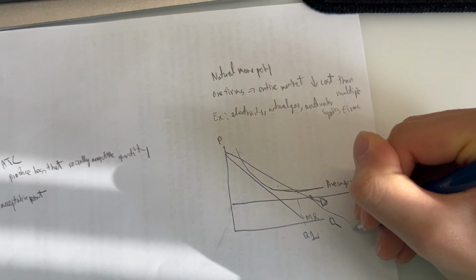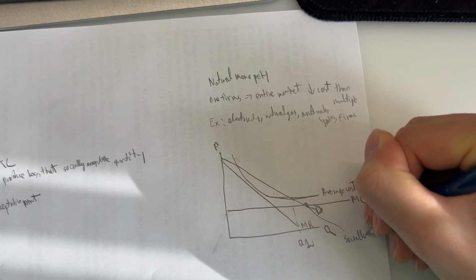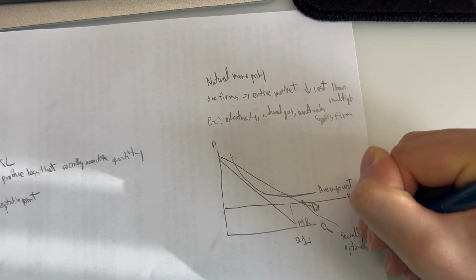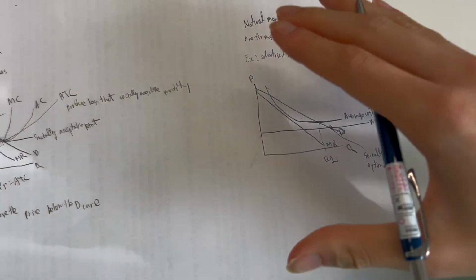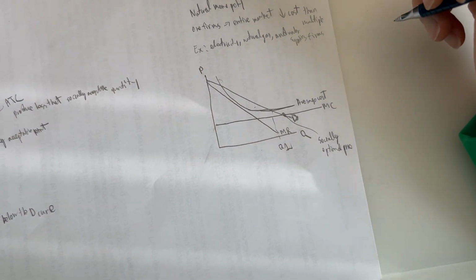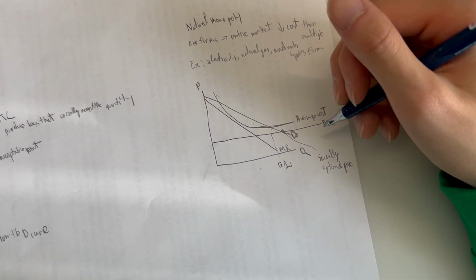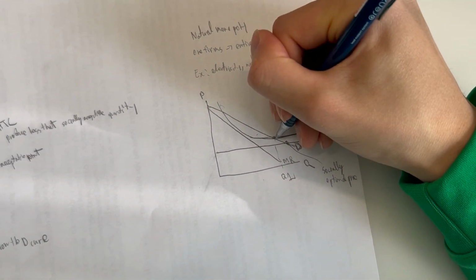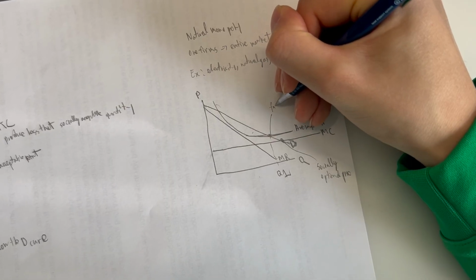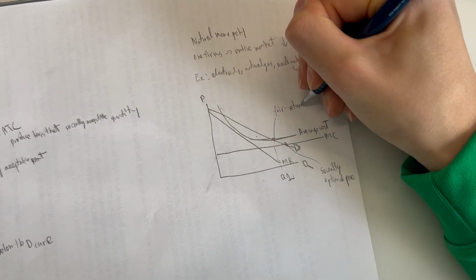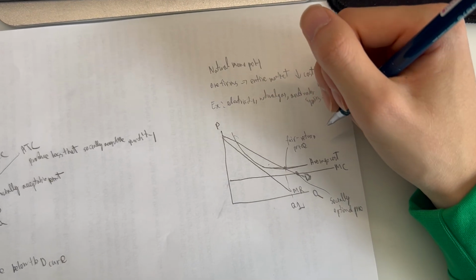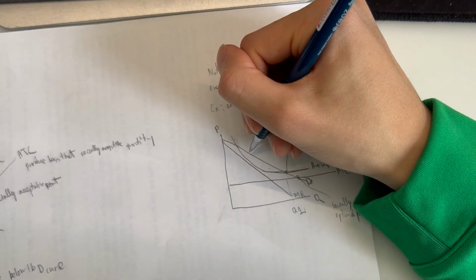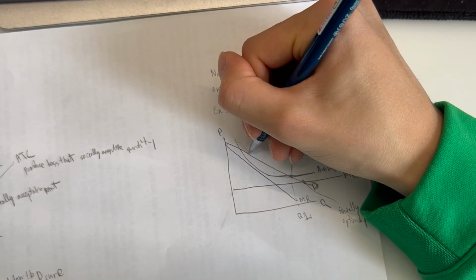This point is gonna be the socially optimal price. And a fair return price is going to be here. And the monopoly price or profit maximizing price would just be above everything around here, let's say.